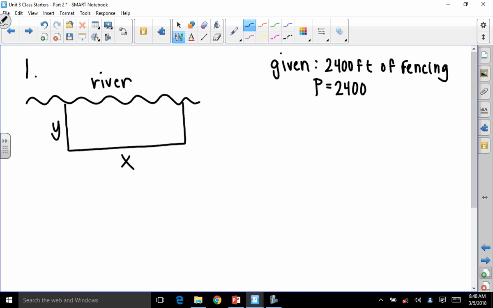All right, so can we write an equation for our given information, which is the perimeter? How do you find perimeter? You add up all the sides. So what's that going to be? x plus 2y has to be 2,400, right? Because obviously to maximize the area, he's going to want to use all the fencing.